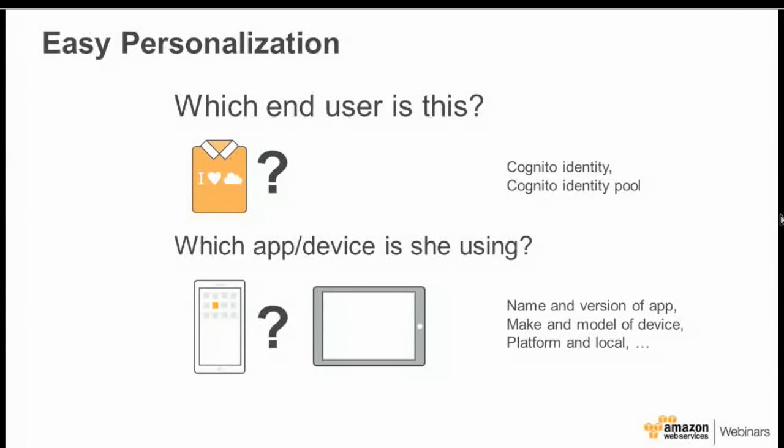Now, one of the most exciting things about the addition of the mobile compute support is making things easier for application developers. And there are two questions we always hear mobile devs trying to answer, in addition, of course, to wanting things to be easier to build on the back end. First question is, which end user am I working with? Not which app do I have, but who's actually holding the phone? And we've added support for Cognito identity.